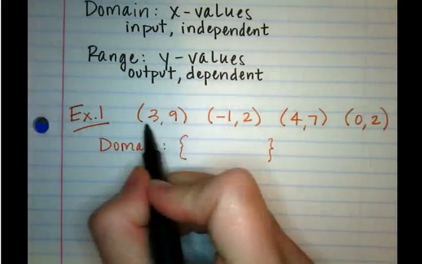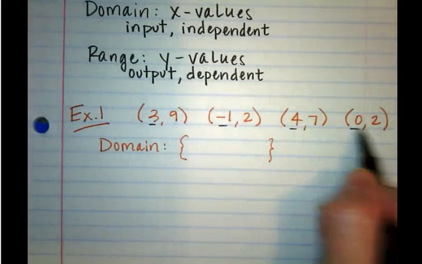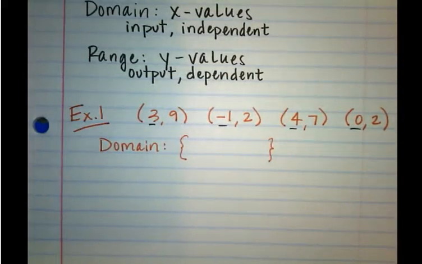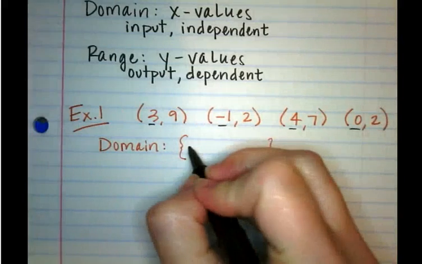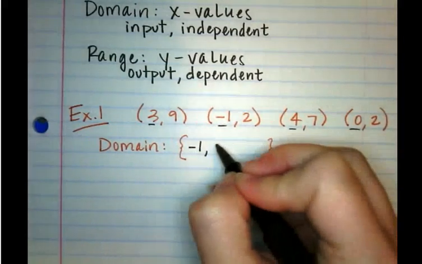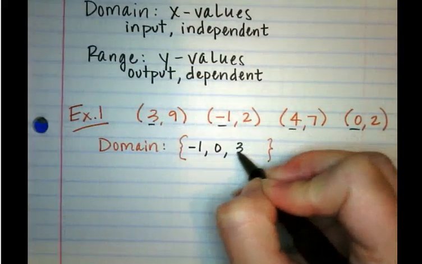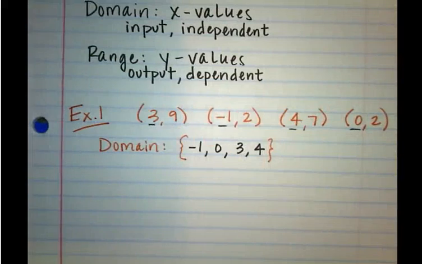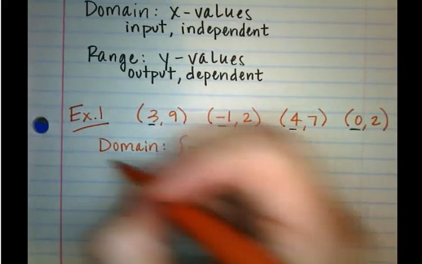So I'm looking for the numbers in the X position. Alright, so the domain would be {-1, 0, 3, 4}. And again, I've written them in order from smallest to largest.